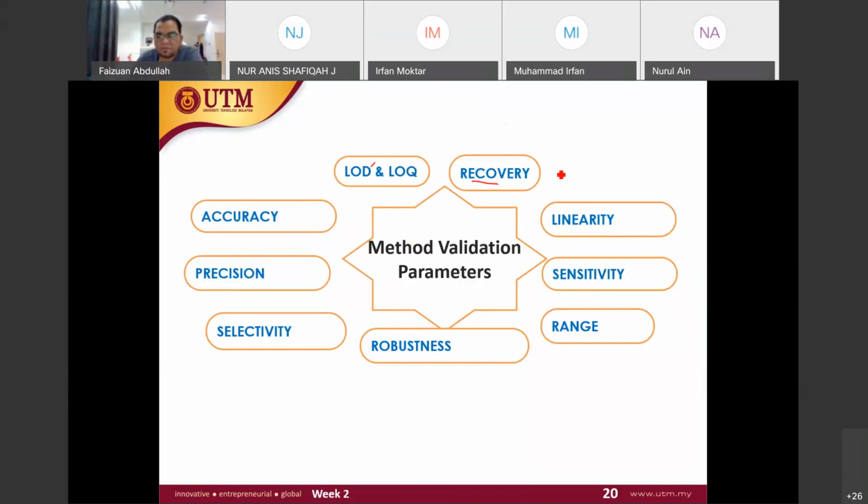Acceptable recovery is equal to or larger than 80%, and less than or equal to 20% for the other limit. Then we have linearity, sensitivity, selectivity, precision, and accuracy.